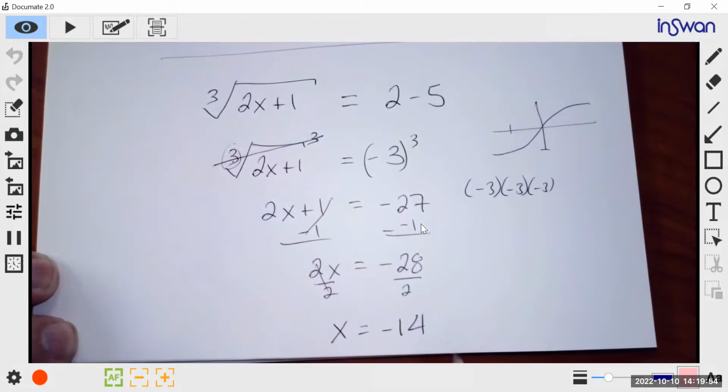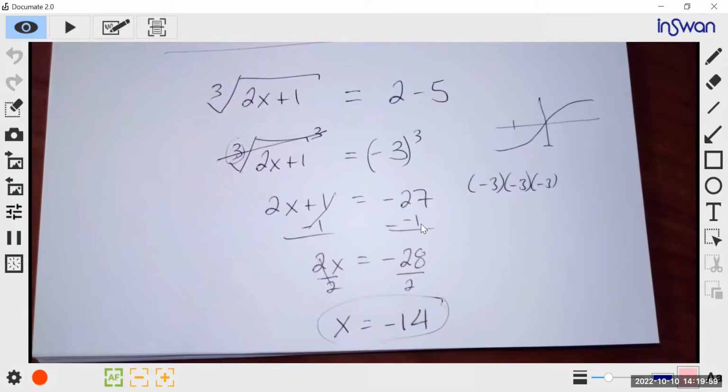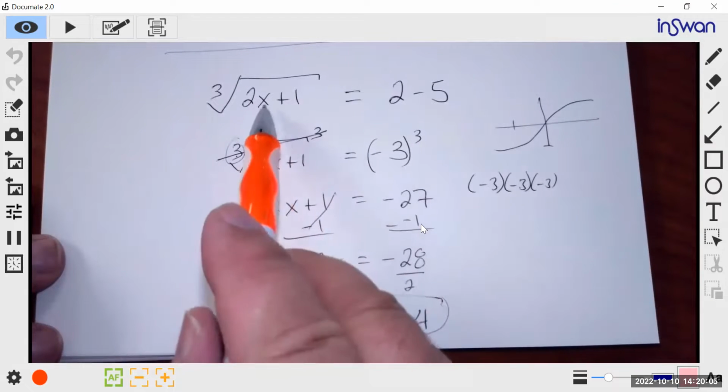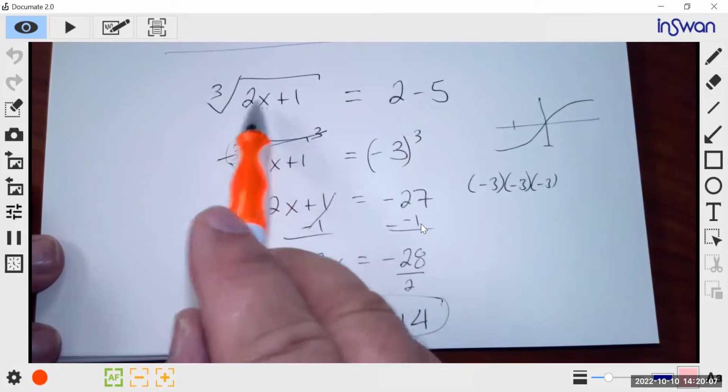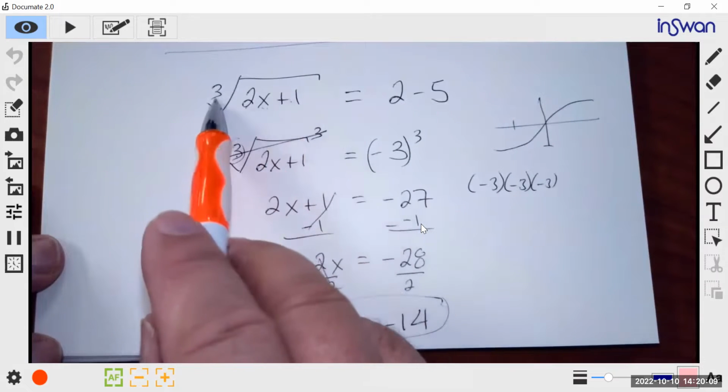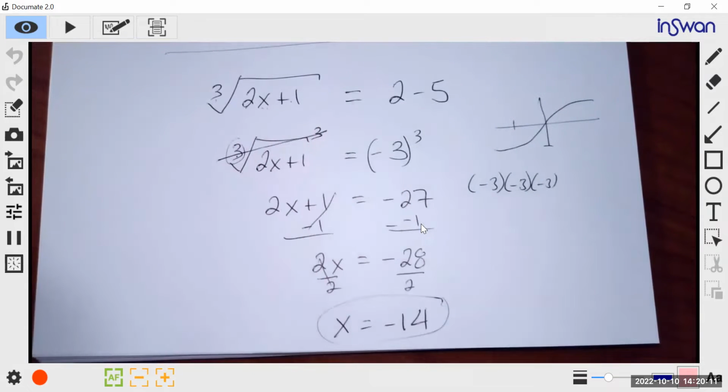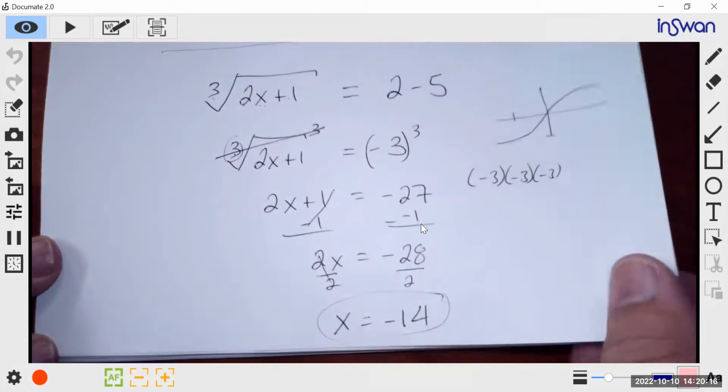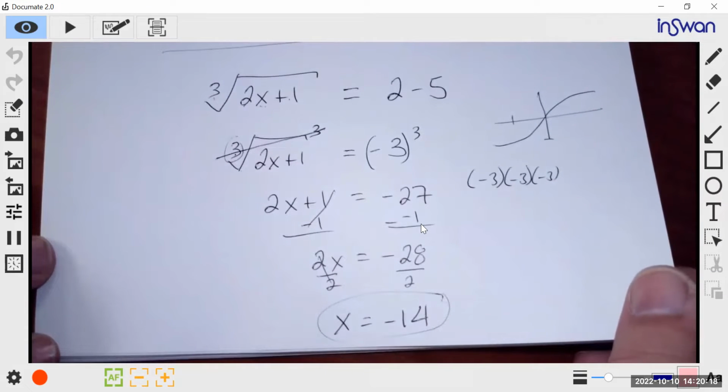Negative 14. And when you check it, negative 14 times 2 is negative 28, plus 1 is negative 27. Cube root of negative 27 is negative 3. So it checks out. All right.